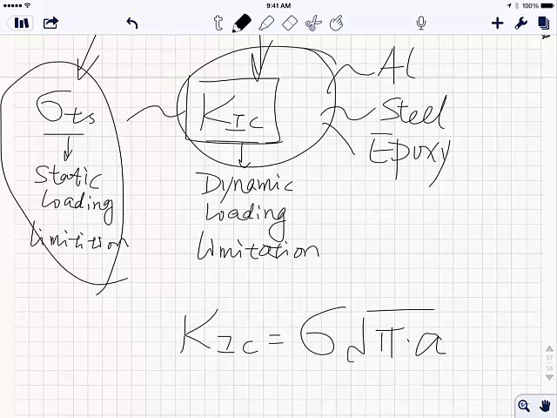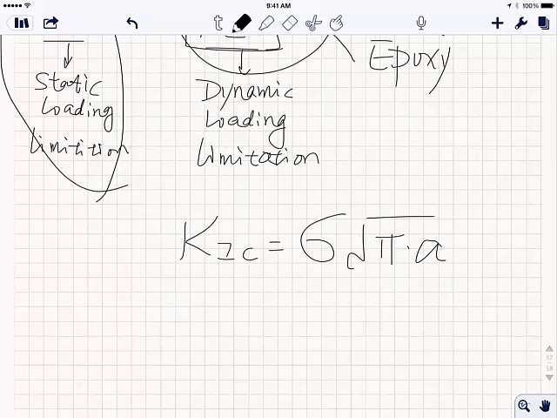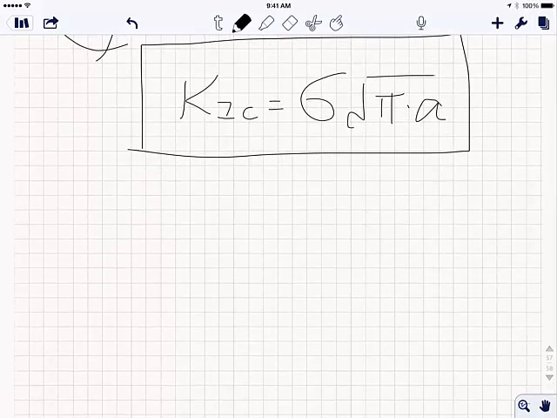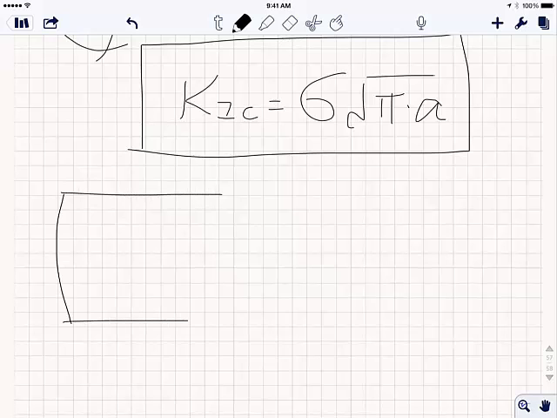Now, for dynamic failure, we have another quantity we introduced called the K1C, right? It's called a stress intensity factor. And here is the equation to quantify how you calculate K1C, all right? Now, what K1C does is imagine you have a material, something like that, then you have an artificially created crack on the surface or somewhere in the internal of the material.